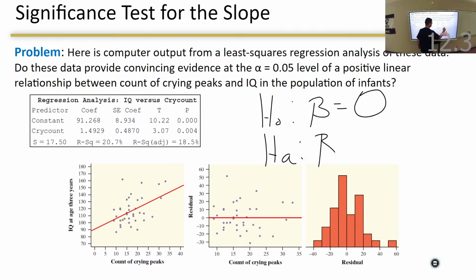Ha, beta is greater than 0, because we're trying to prove there's a positive relationship. And then don't forget to define beta. You have to define variables. You had to define p. You had to define mu. We didn't have to define anything in chi-squared because we wrote it in context. Where beta is the true slope of the regression line between cry count and IQ.